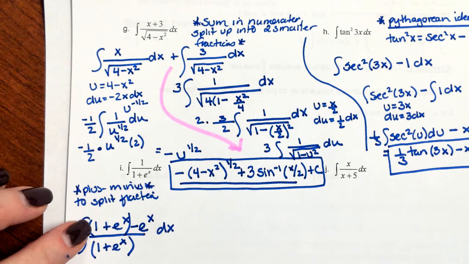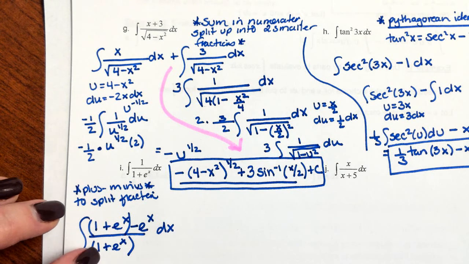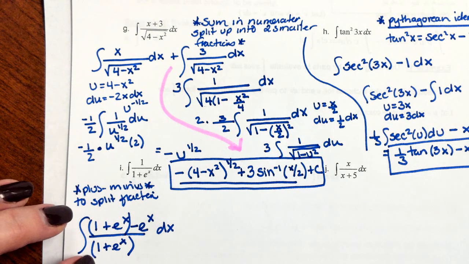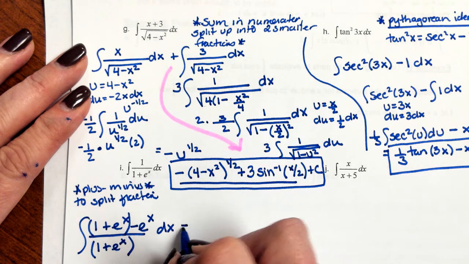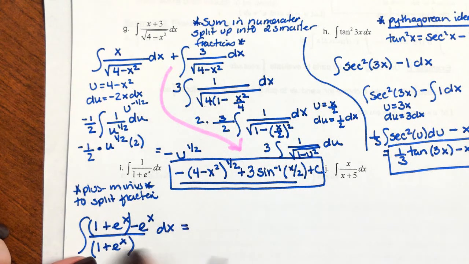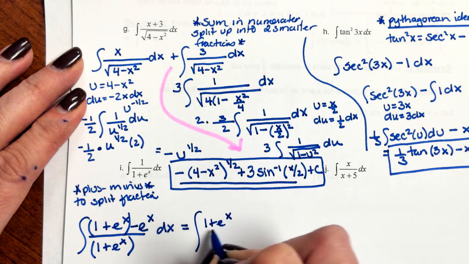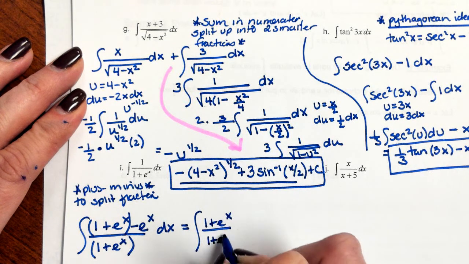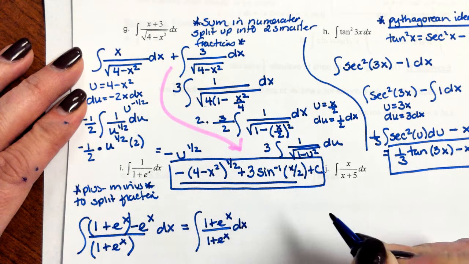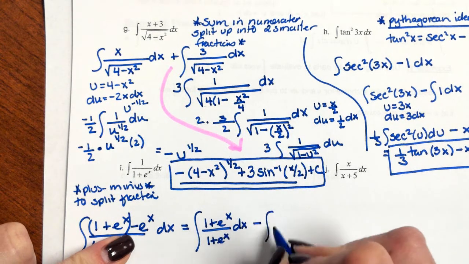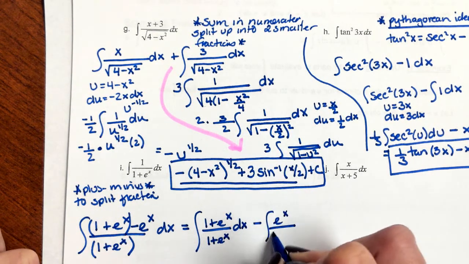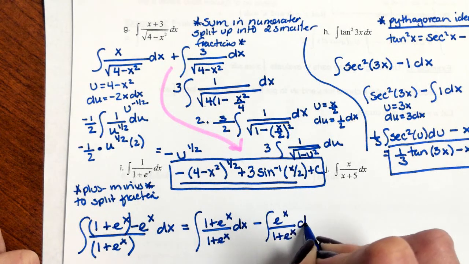So notice I have the same two terms in the numerator as I do in the denominator. So now I'm going to split up this fraction into two smaller fractions. One of the fractions will have the same numerator and the same denominator, minus e to the x over 1 plus e to the x.